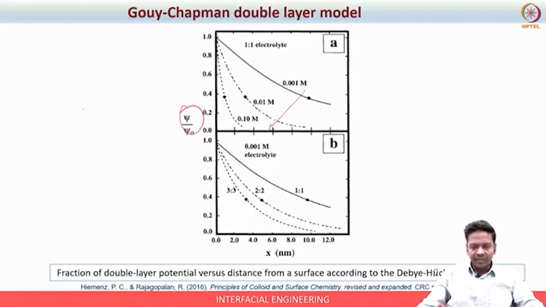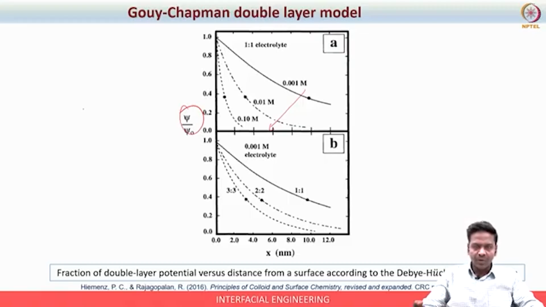You can see that as the concentration of salt goes up, the variation of psi by psi naught as a function of distance is also changing.